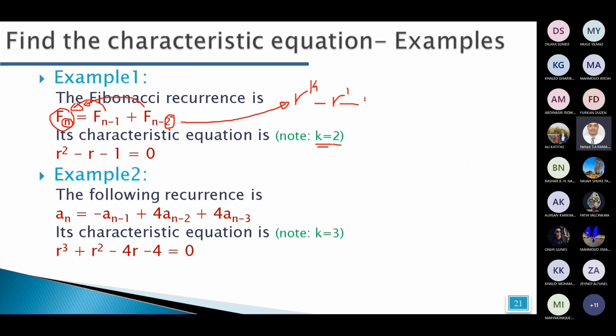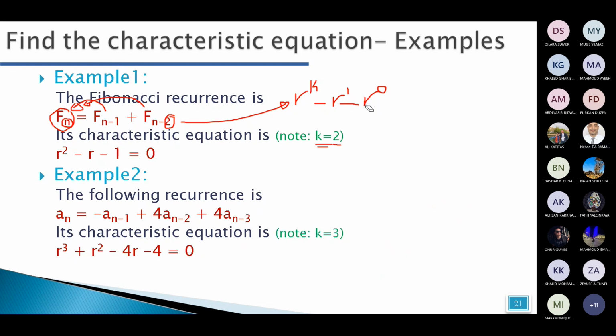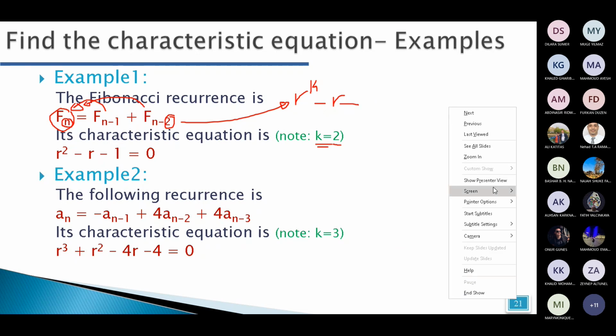Instead of f we put r. Instead of n we put k, which is 2. 2 minus 2 becomes r power 0, yes? So r power 0 is actually 1. Anything to power 0 is 1.